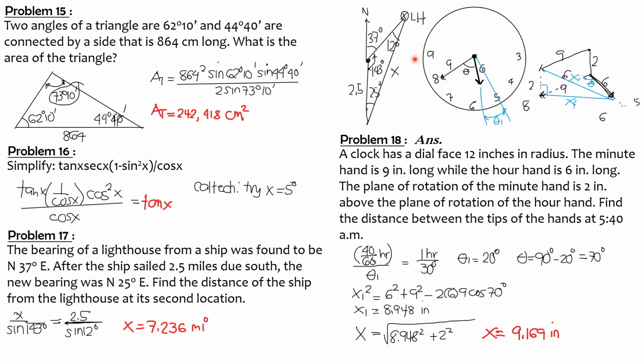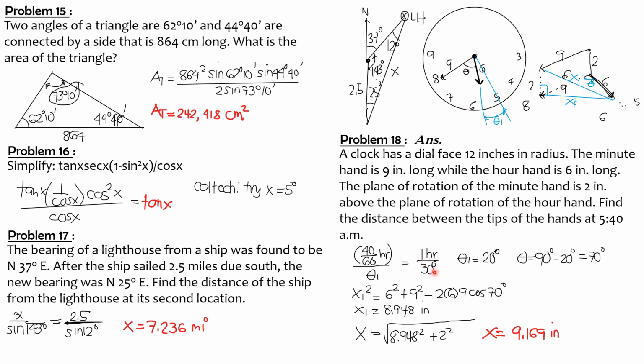So, top view first. 5:40 is exactly that one. Let's call this angle theta 1. By ratio and proportion, theta 1 is to 40 minutes, or 40 over 60 hour, as the hour hand's movement in 1 hour, which is 30 degrees.